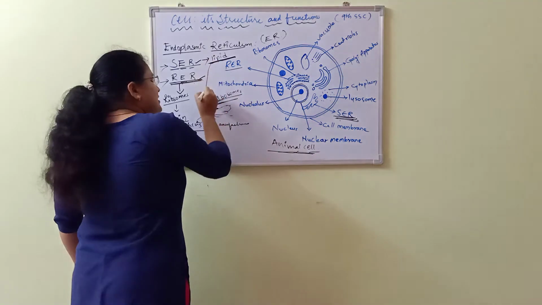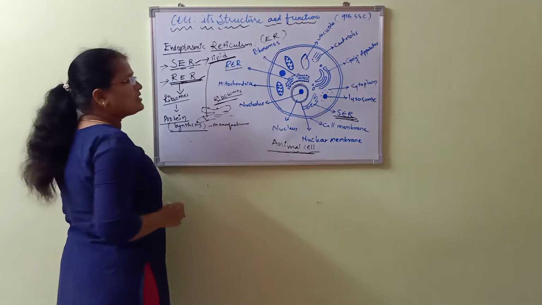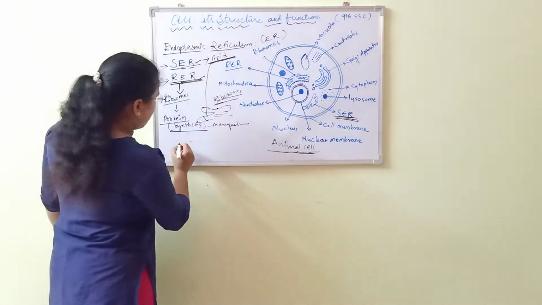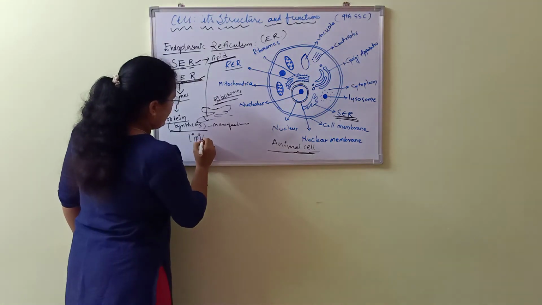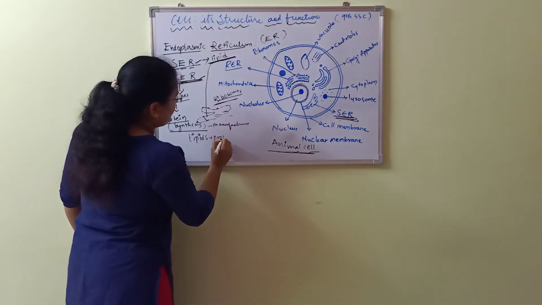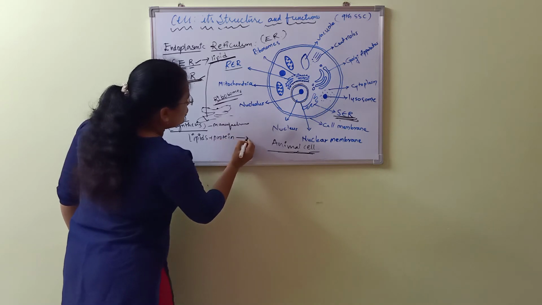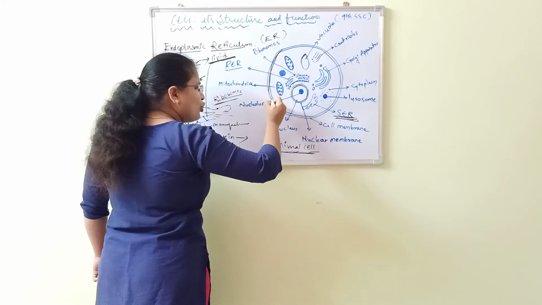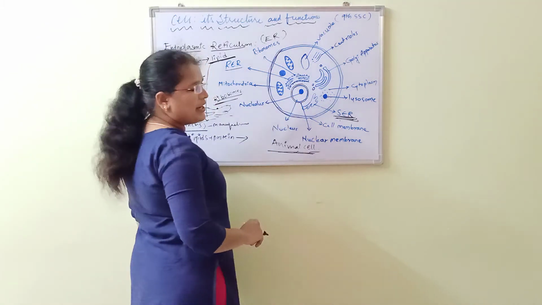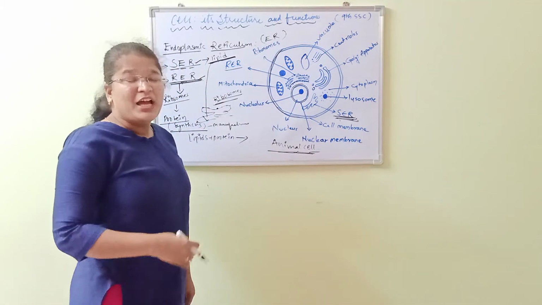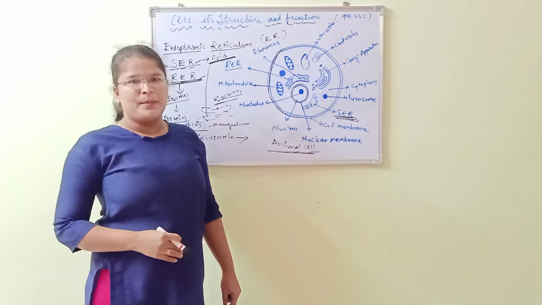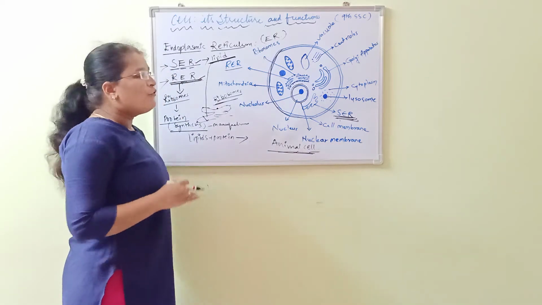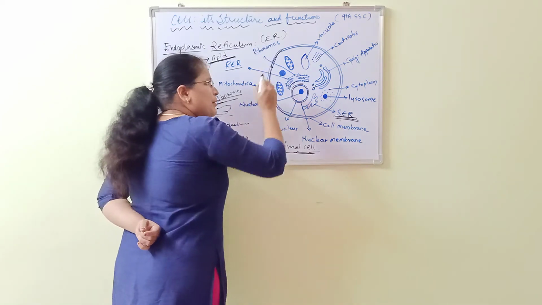Then where are these lipids as well as the proteins used? These lipids as well as proteins are used for the formation of the layer known as the cell membrane or plasma membrane, also known as the selectively permeable membrane.